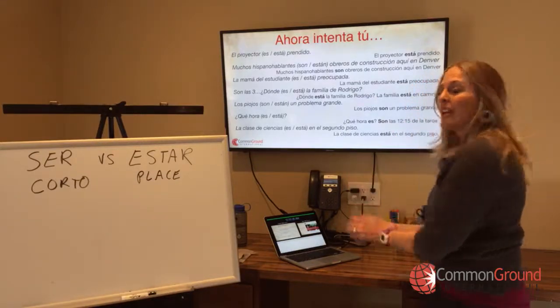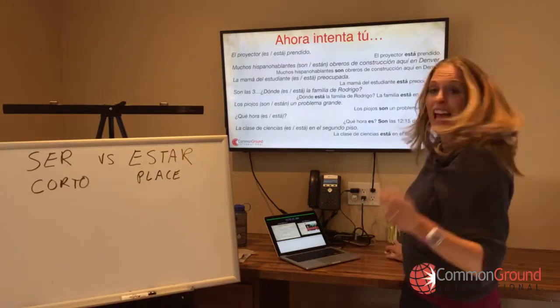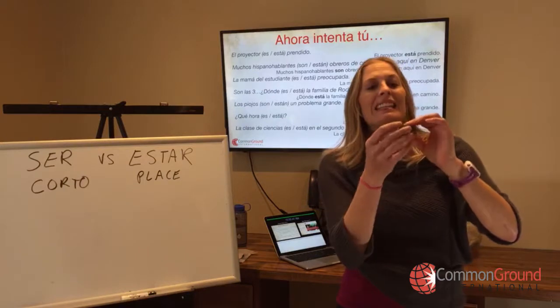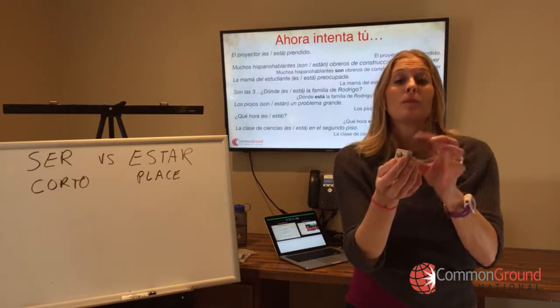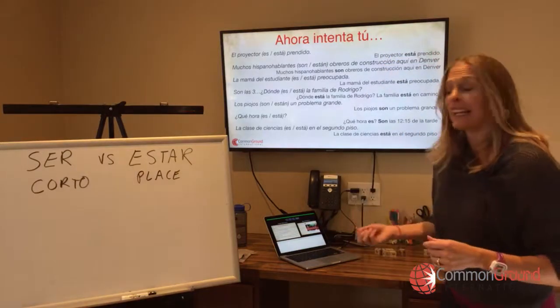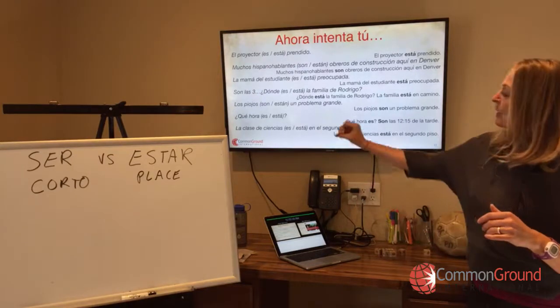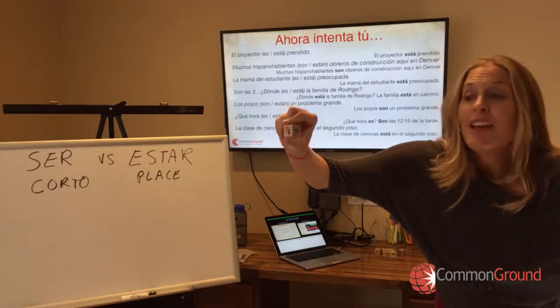Here's otro ejemplo para estudiar los verbos. Good memorization tricks. These are dados. Okay, die. And this dado, this dice, has on the sides the subject. Nosotros, ella, tú, Juan, Tomás. And you give them a verb like estar, okay? They roll it with a partner and it comes up yo, okay? And then they have to conjugate yo estoy. That would be the first level.